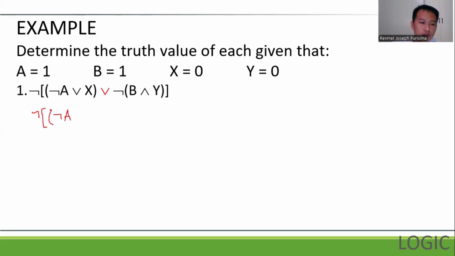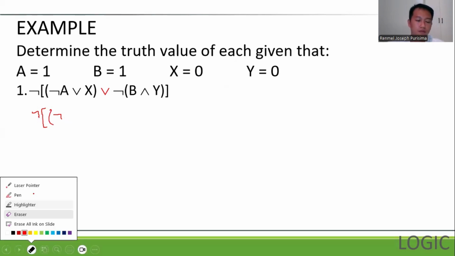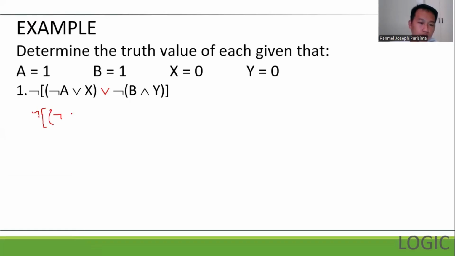We have the negation of A. So that would be, okay, let me erase this. So negation of 1, for x is 0, or negation of 1 and 0. So let's first start with the negation, followed by, in a parenthesis, followed by conjunction, disjunction, implication.